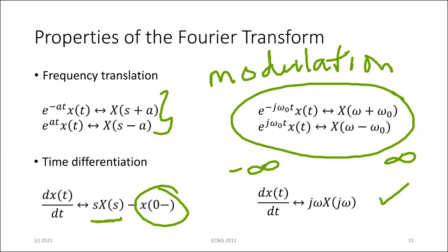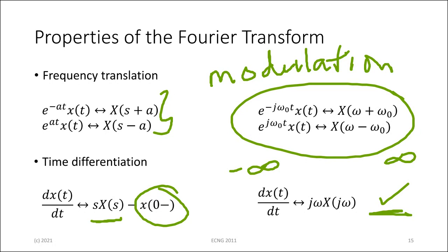The Fourier transform applies to situations, for instance, with a non-causal signal, where the device or signal has been on and the analysis is taking place when you're jumping into the middle of how everything is working. That's conceptually how it works. But basically what it means is that the Fourier transform of a derivative, like the Laplace transform, is j omega X of j omega, but there's nothing else, no initial condition.